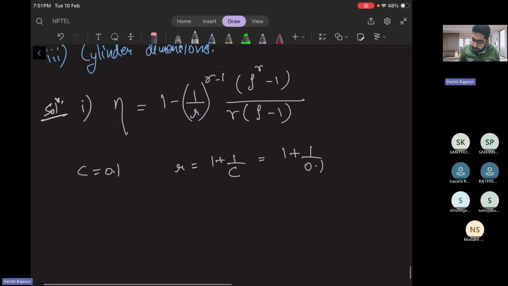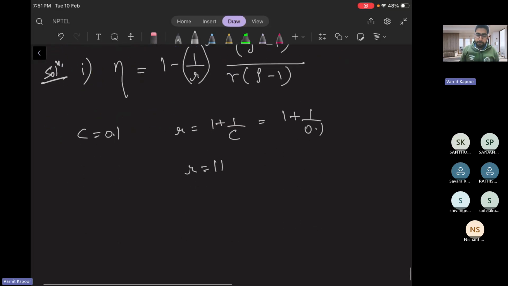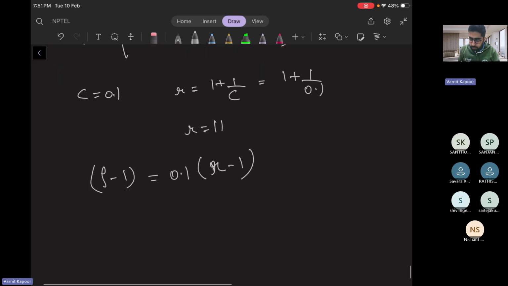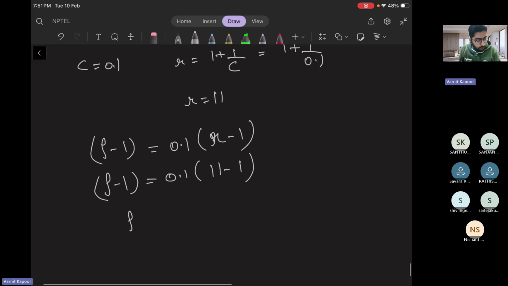This gives you r as 11. Now we don't know rho. Rho minus 1 is 0.1 times r minus 1, so 0.1 into 11 minus 1, and rho comes out to be 2.